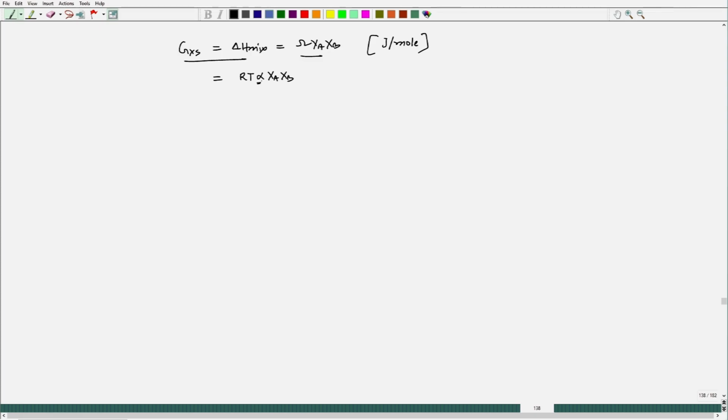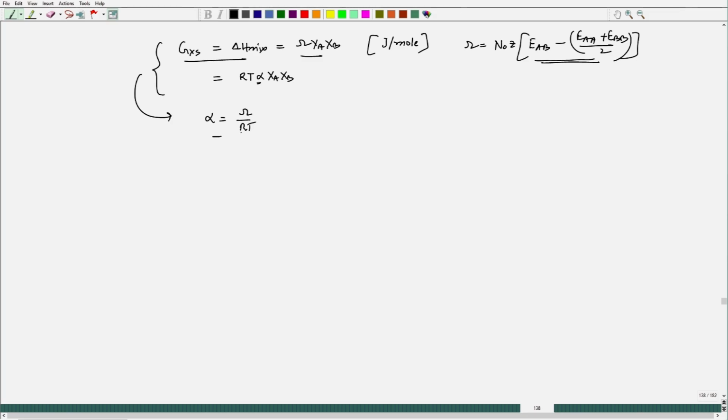So, this alpha is also related to that, because omega is nothing but N0 Z times EAB minus (EAA plus EBB) by 2. So, this particular contribution that is coming due to the differences in bond energies, that is omega. Then alpha is also related to those bond energies, but the only advantage is that we can write alpha as omega by RT.